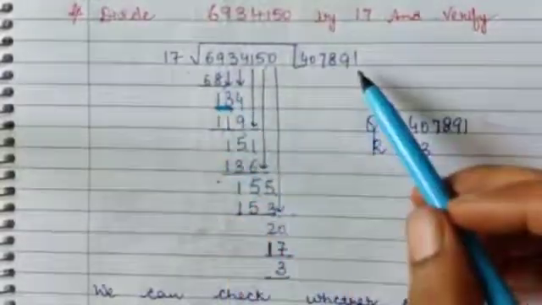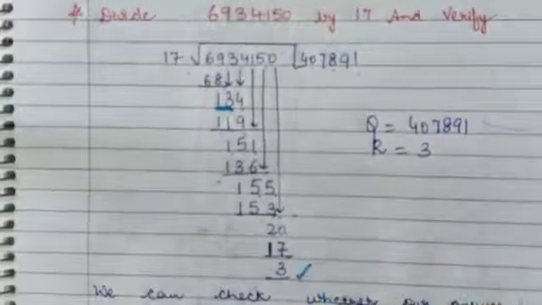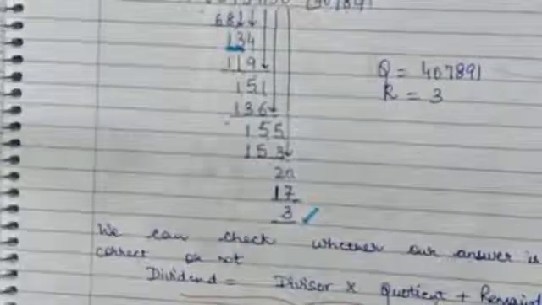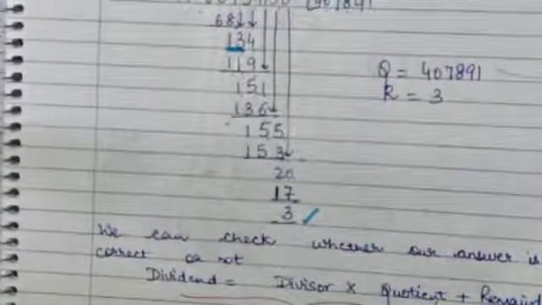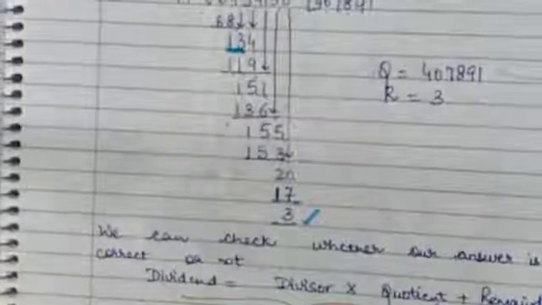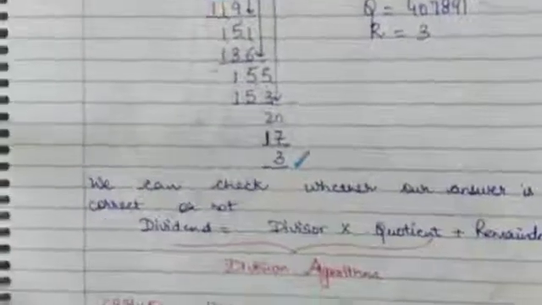Now 17 into 1 is 17. So what is the remainder? Remainder is 3. And what is the quotient here? 4,07,891.